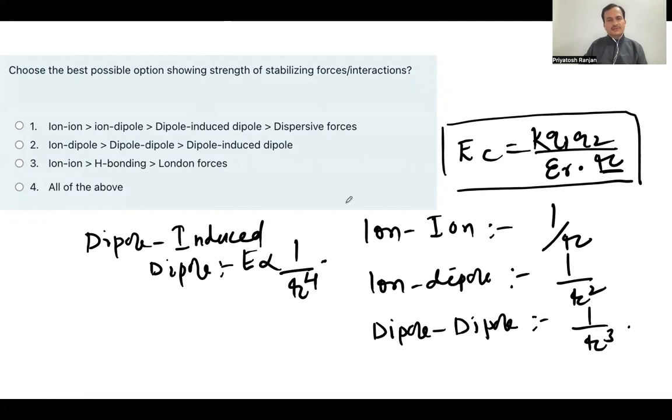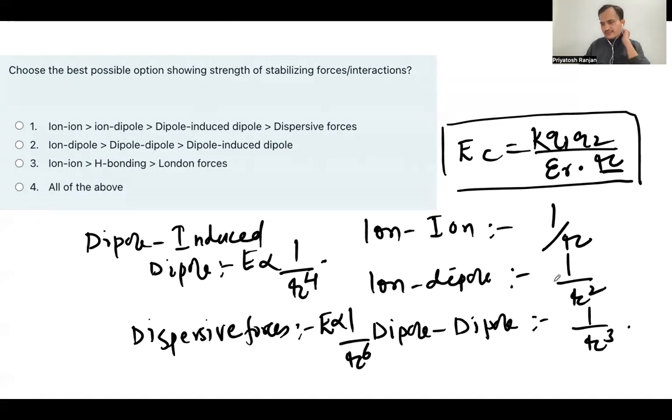And then you have the weakest force, which is dispersive forces or the van der Waals forces, where the energy is related to the distance as 1 by R raised to the power 6. Are you all able to see some trend?